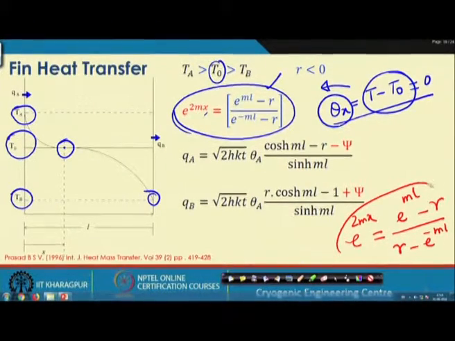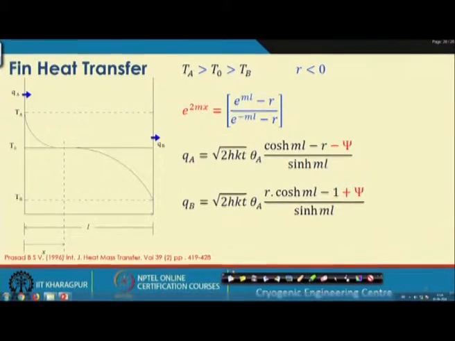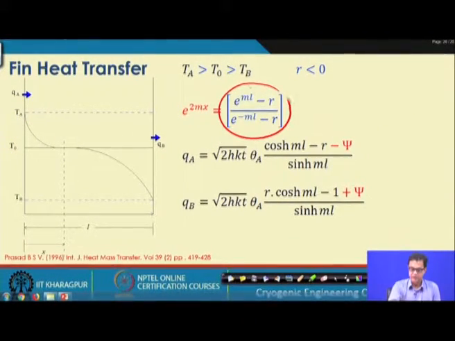This was the expression when the minima was lying in between or beyond the physical boundary of the fin. But in contrast to that, here what we have is some relation. This is like this.